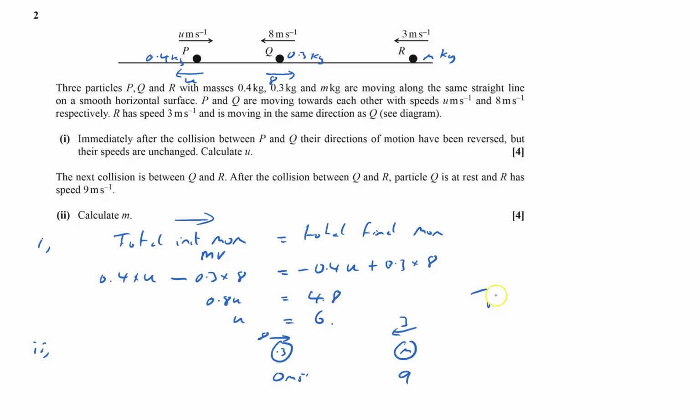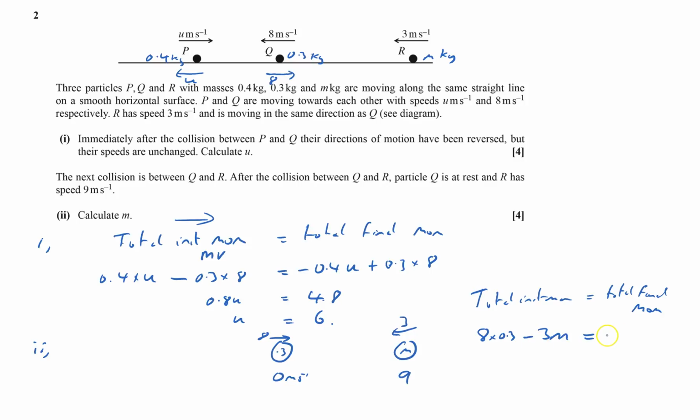So I'm going to do total initial momentum equals total final momentum. And what's initially, it goes 0 is 8 times by 0.3, that's the momentum of this one, minus 3m, and that equals, well, it depends whether 9 goes that way or the other way.